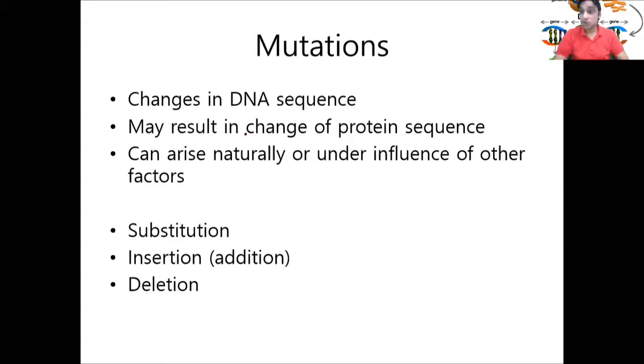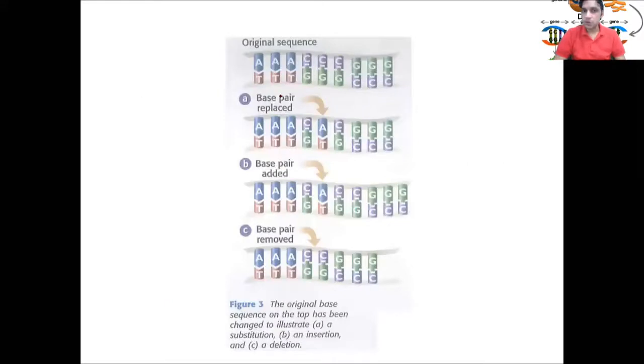This is called mutation, the change. The change may be substitution, it may be insertion, or it may be deletion. So if a change is there in one base pair, if a sequence is changed, you can guess the RNA will be different. If the RNA is different, that automatically means it will create a different protein or maybe no protein at all.